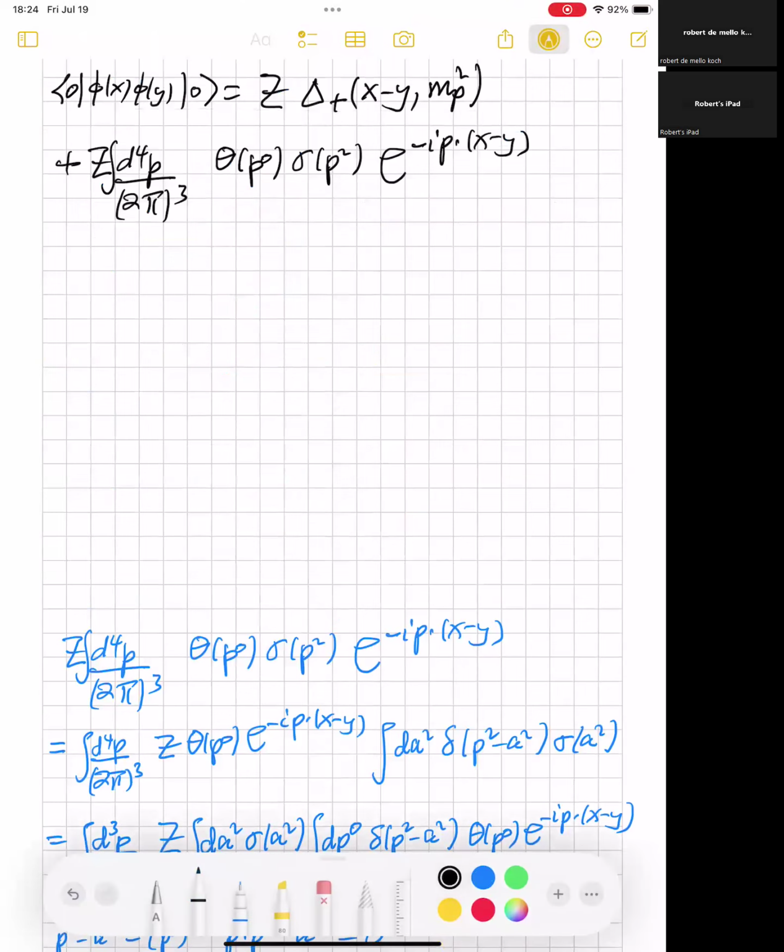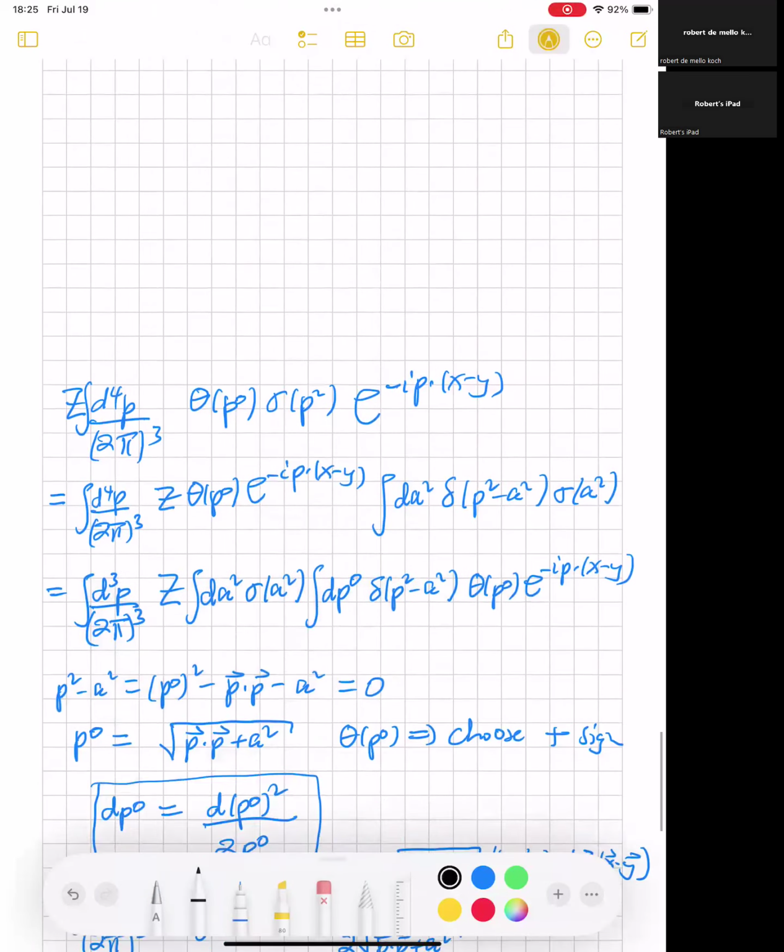Okay, so the second term, that's what we've been manipulating. We've now got a different form for it. So this correlator is Z times delta plus x minus y comma mp squared, plus, then we've again got a Z, we've got an integral dA squared, we've got sigma of A squared, and then we've got delta plus of x minus y comma A squared.